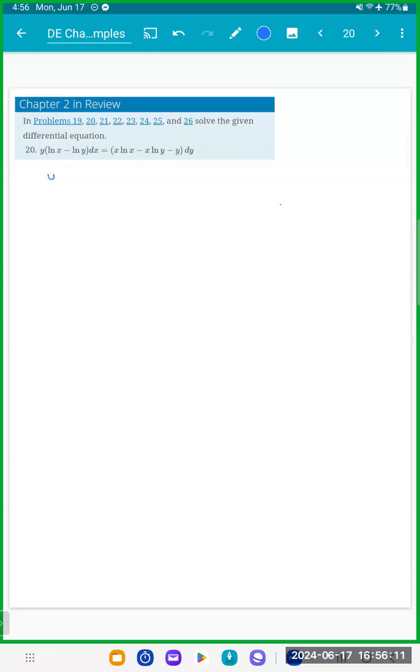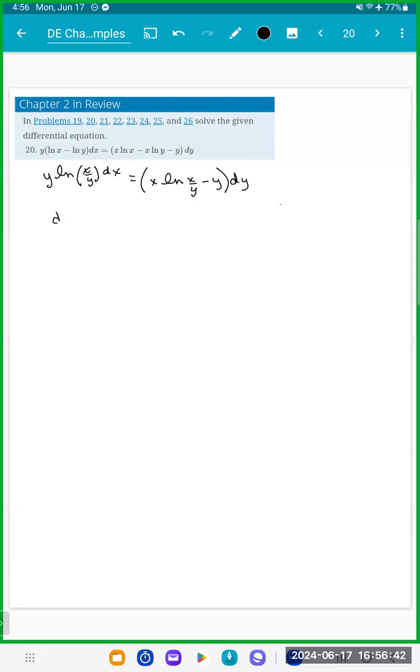And so we get y, I'm going to change the ink to black. We get y times ln of x over y dx is equal to x ln x over y minus y dy.